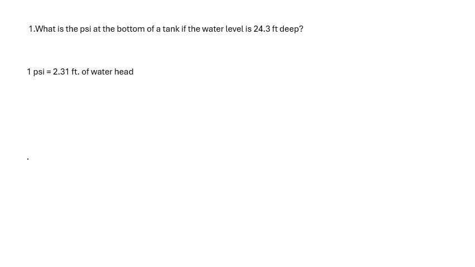So because we're trying to get rid of feet, the 2.31 feet is going to go on the bottom. So we're going to be dividing the 2.31 into 24.3 feet. So the feet cancel out. So you do the math.